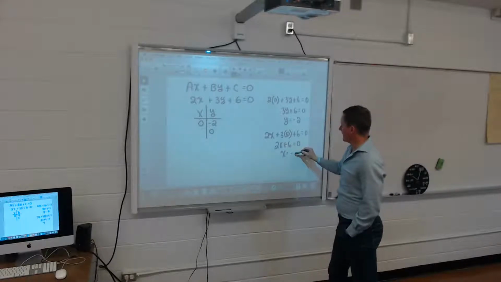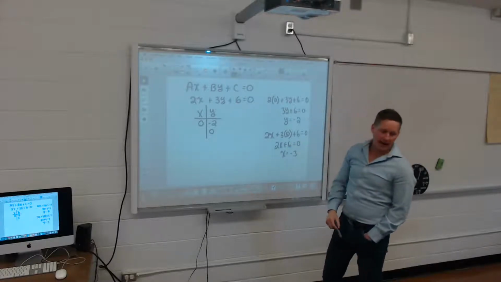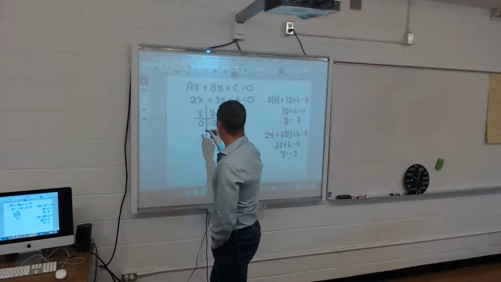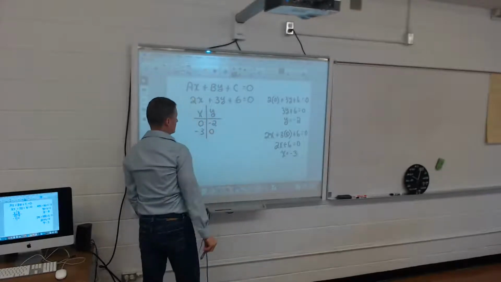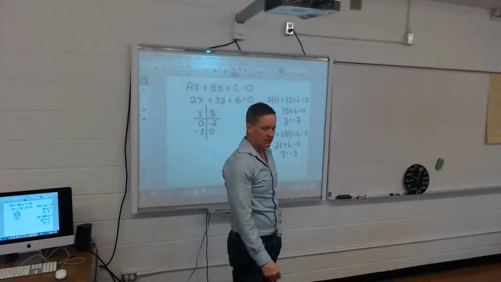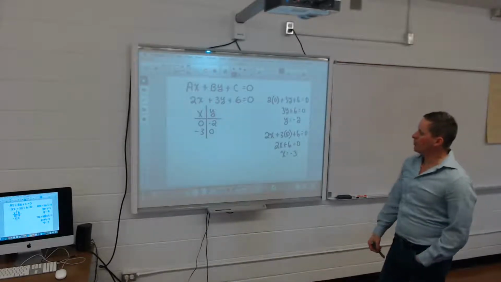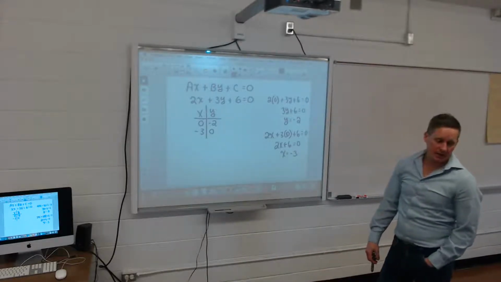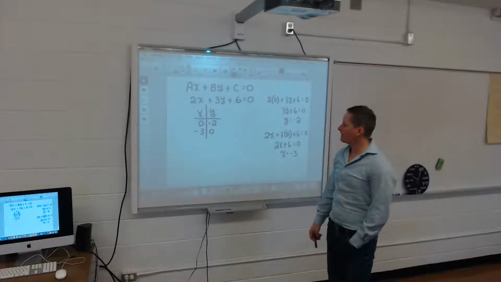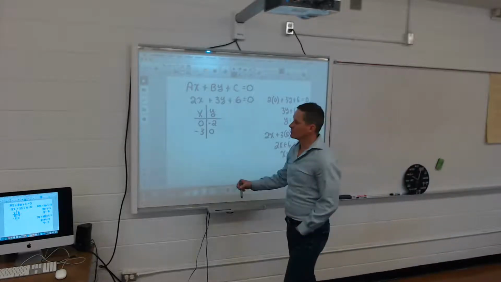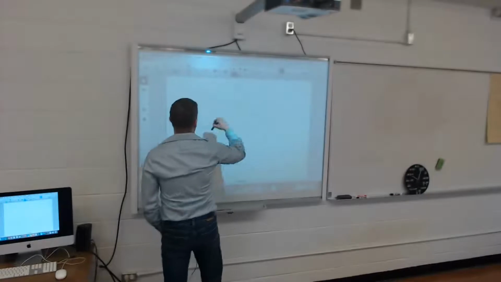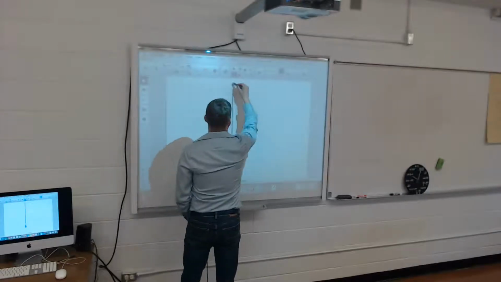X is equal to -3. So my x-intercept occurs when y is 0. All right. So now I have two coordinates. I have 0 and -2, and I have -3 and 0. So I can now graph that line. Draw it out.